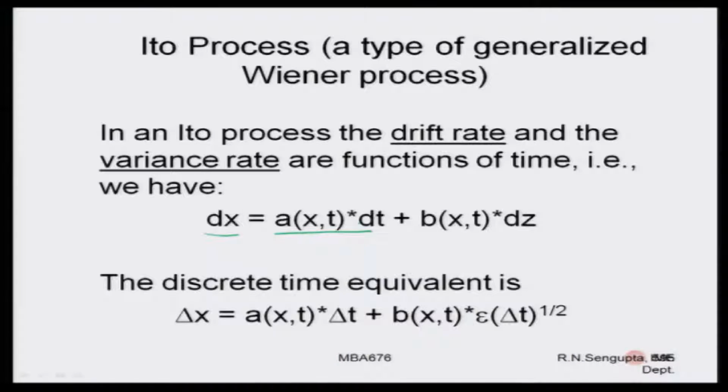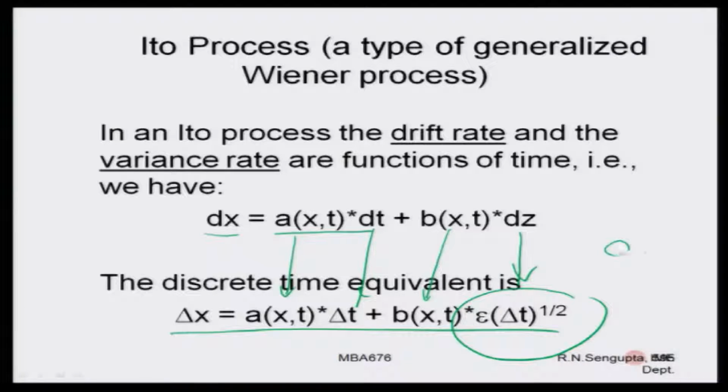So, the discrete time equivalent would again be given by this, which is delta x is equal to a function of x and t into delta t, plus b of x and t, which remains as it is, times the Wiener process, now expressed as epsilon, which is normally distributed N(0,1), a normal distribution with 0 mean and 1 variance, or standard deviation, times the square root of delta t.